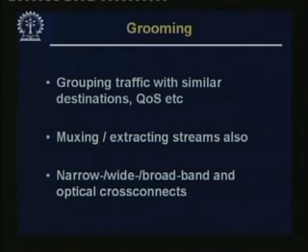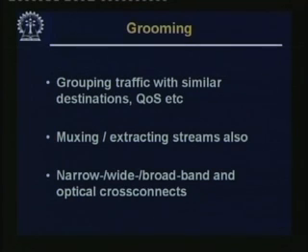Finally, we have this concept of grooming in SONET. Grooming means you group the traffic in some form, so that you can treat this group in one particular way. Could be that there is one group of streams for which you want to give higher priority, or higher quality of service.